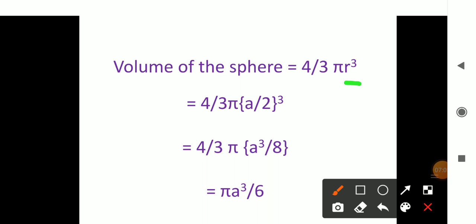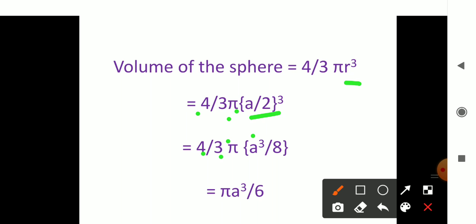When we substitute A by 2 for R, we get 4 by 3 pi, A by 2 the whole cube. When we cube this term, we will get 4 by 3 pi A cube divided by 8.